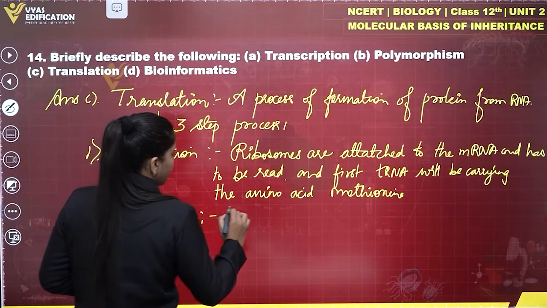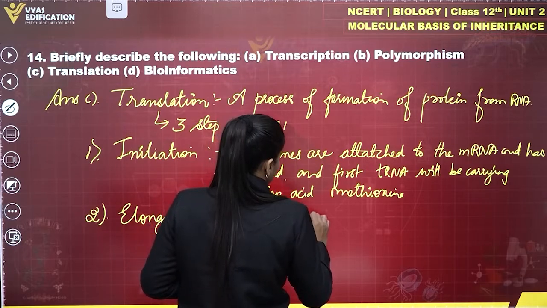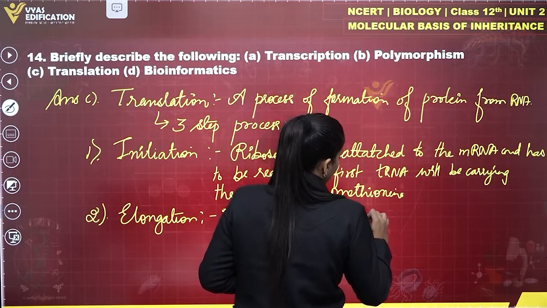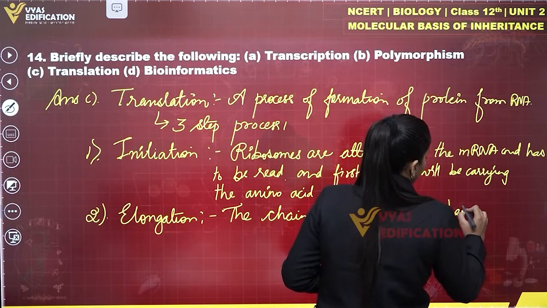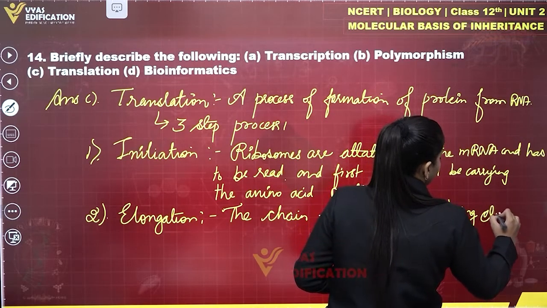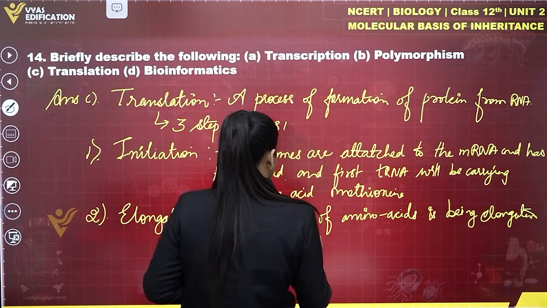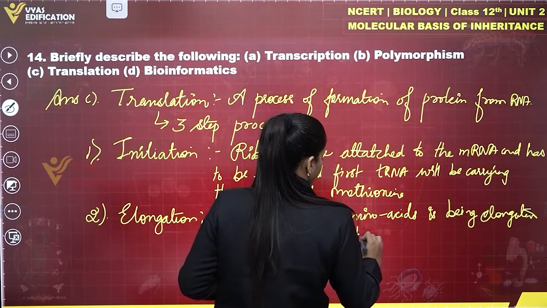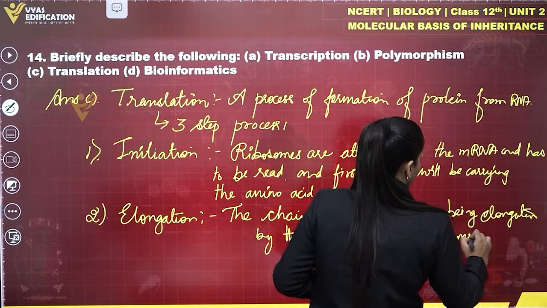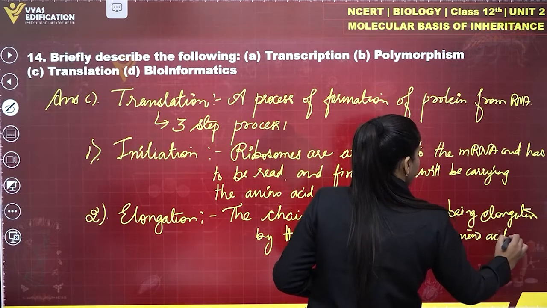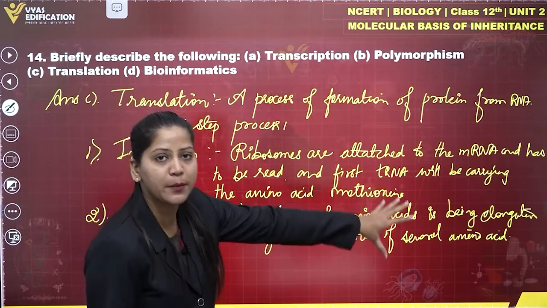Now what is elongation? In this step, the chain of amino acids is being elongated by the addition of several kinds of amino acids.